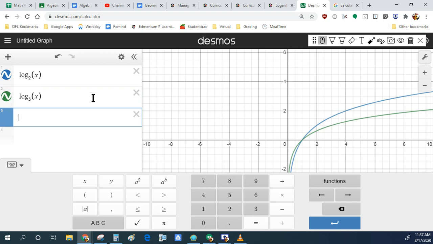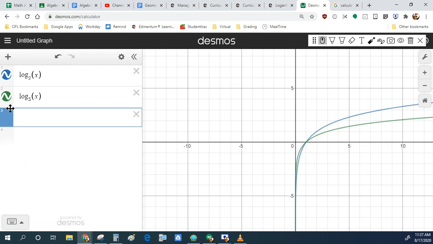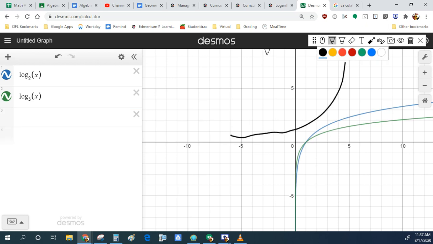And you can see here, I can't change the color. That's not fun. So you can see here that this log base 3 grows a lot slower. It grows fast at first, but then after a while it just grows slower. And that makes sense because think of their inverses. Log base 2 grows fast, but log base 3 grows a lot faster.